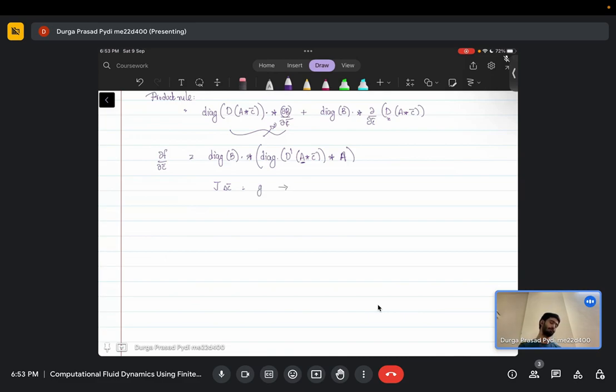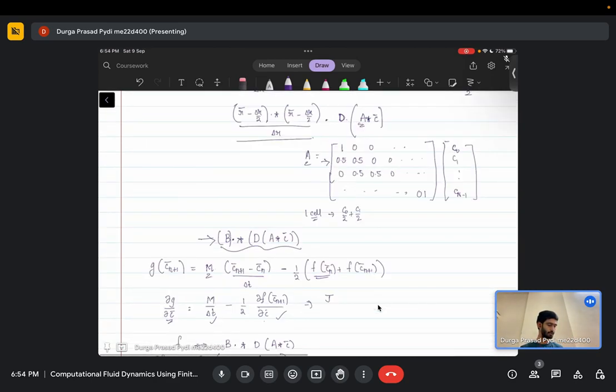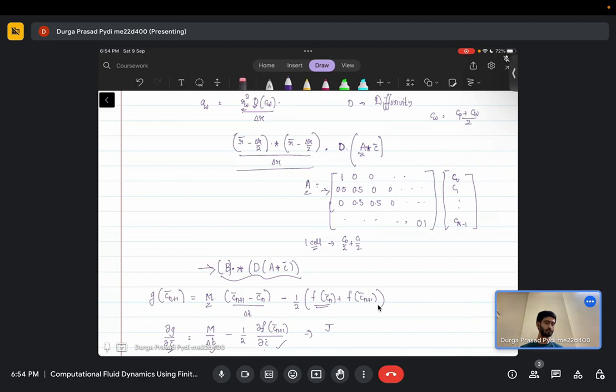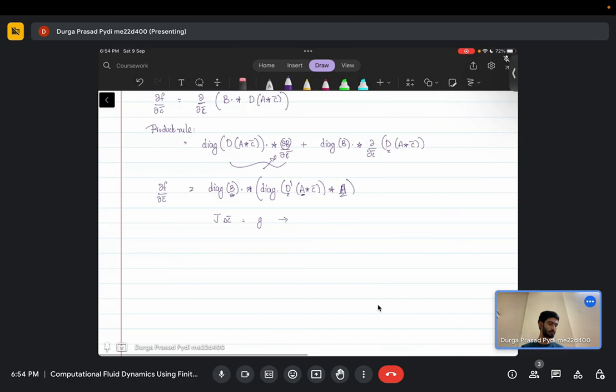In this particular case the matrices, your B matrix, your D, and all of these will be at most tridiagonal matrices, and most of the time your A matrix has either a super diagonal or a subdiagonal. It doesn't have both of them, and your diffusivity is just a function. Your B matrix is again a diagonal matrix like we have seen previously. B is essentially R square, so that will only depend on that particular Ri value, and the previous and next values will be 0. So you can again solve this using TDMA.